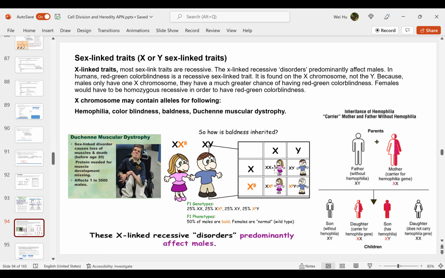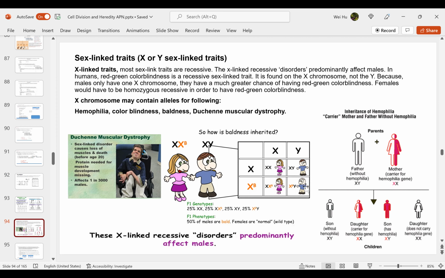One is absolutely normal. The other one is a carrier again. So both will not show any symptoms. They appear normal. The boys, you can see one is absolutely normal and one is showing disease, because he got the disease X from Mom.